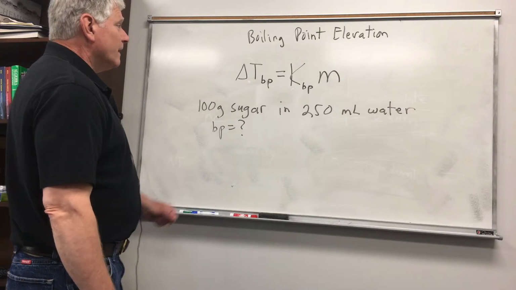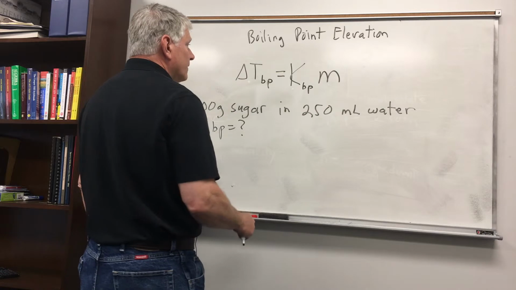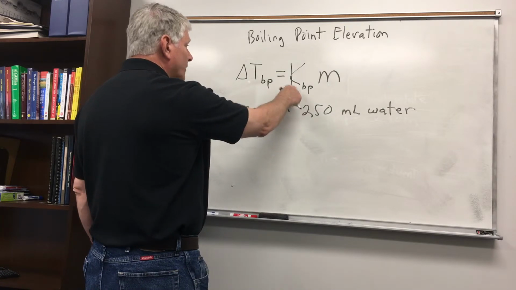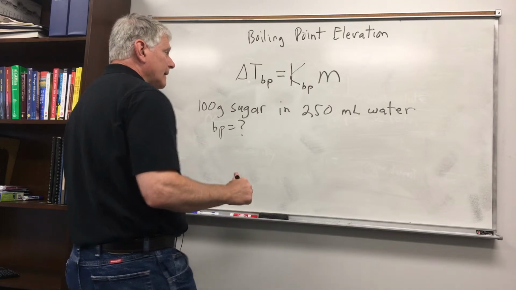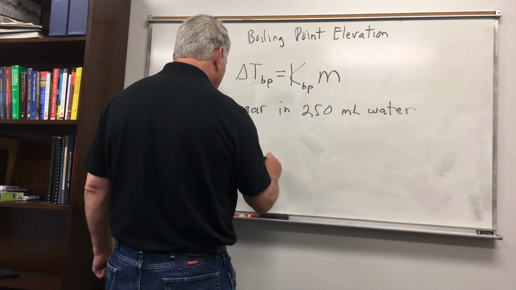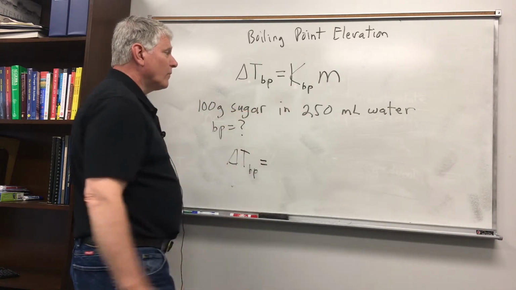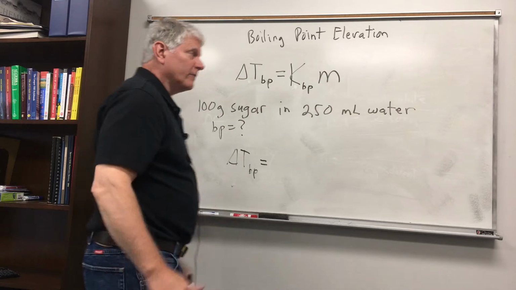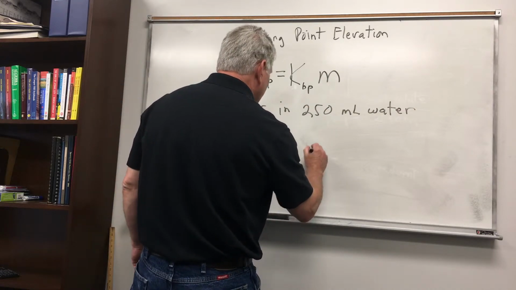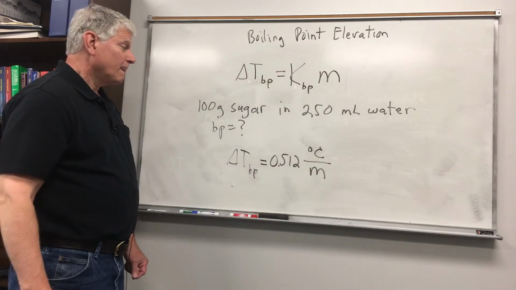So we would need to know the molality of the solution, and we look up K, the boiling point constant for water, in a table. So delta T boiling point is equal to K, the boiling point constant for water, because water is our solvent. So that's 0.512 degrees centigrade per molal.